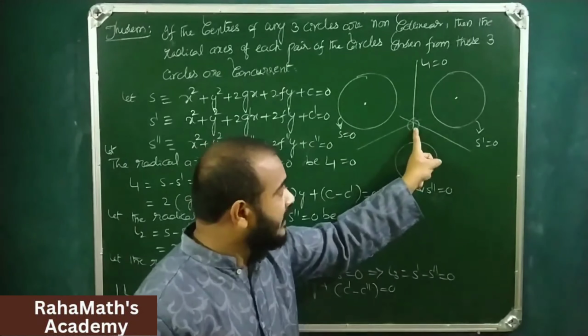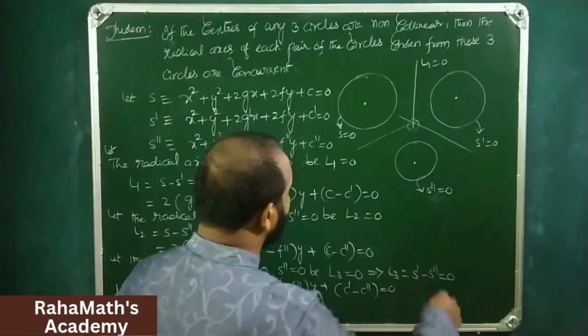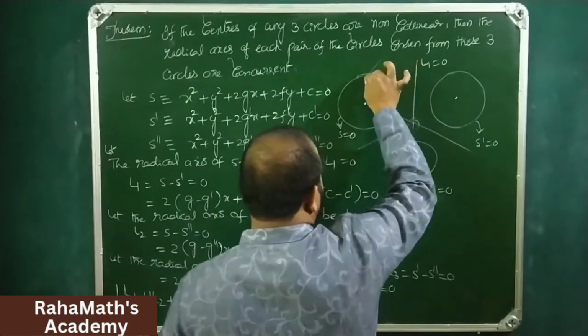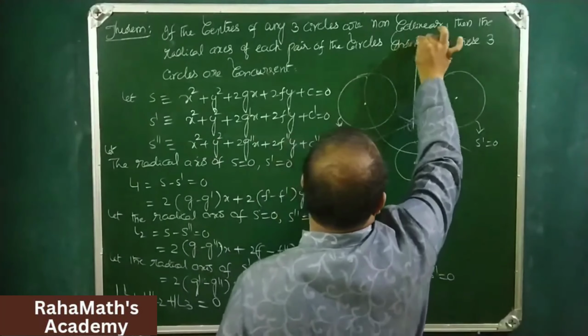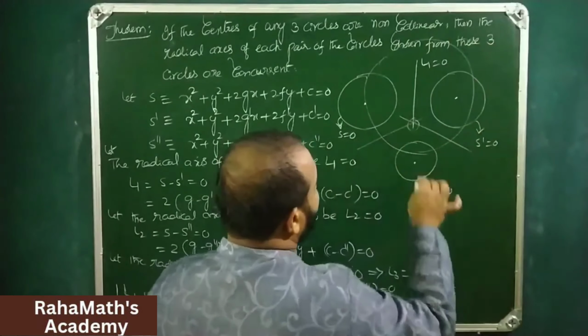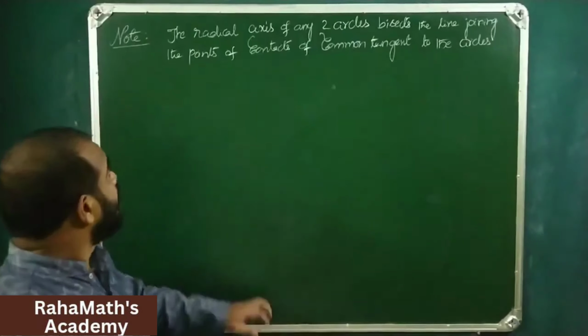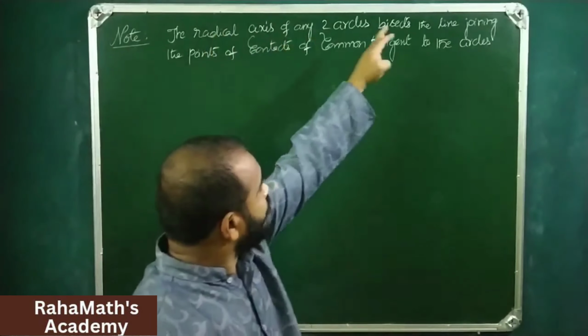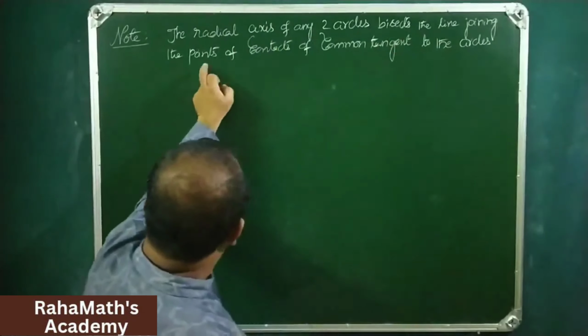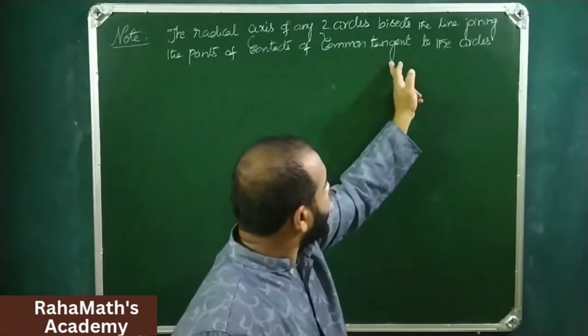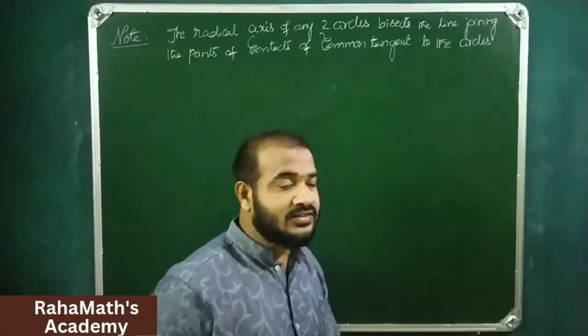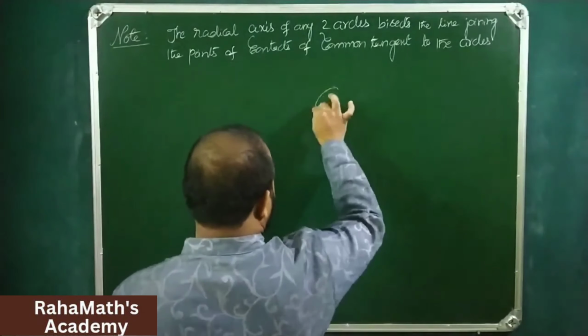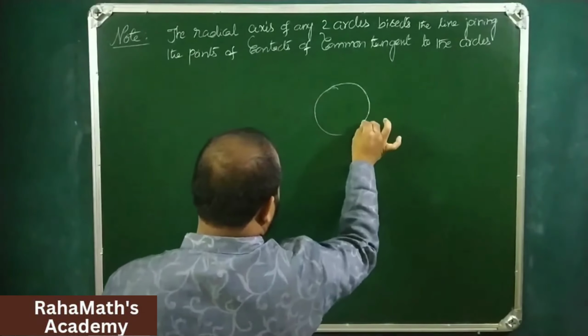Radical center. This is the radical center for the circle which is passing through these three circles, which we will be getting later on. The radical axis of any two circles bisects the line joining the points of contact of the common tangent to the circles. That is, for example, we have two circles.